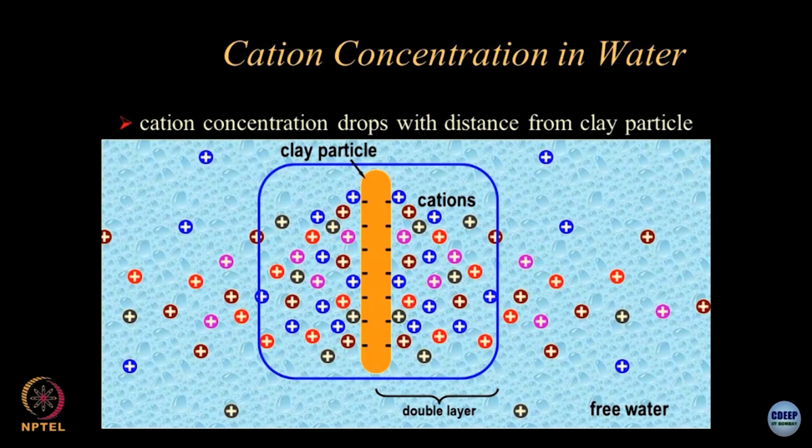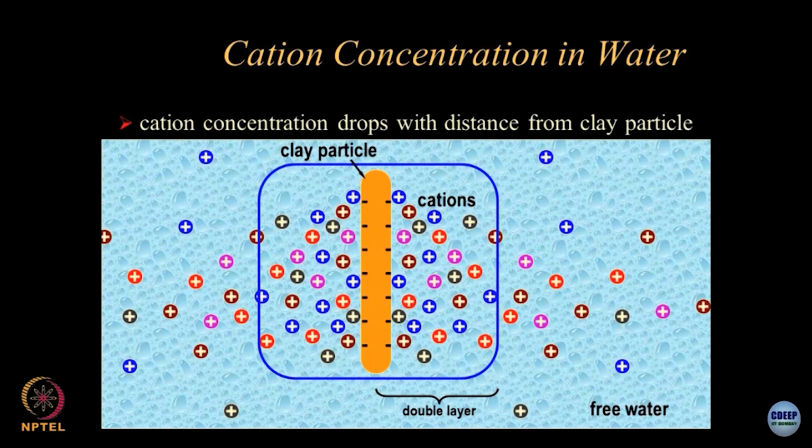Now, try to understand the concept of cation concentration in water. So, if you take clay particles and these clay particles are submerged in water, there is something known as the gradient of the cation concentration. You have studied this in physics somewhere. Can you relate it?